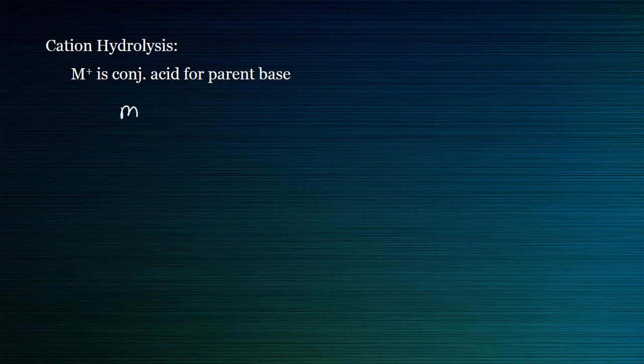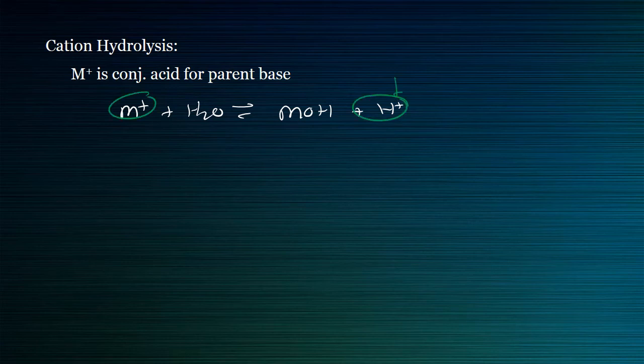And so what this looks like is if you have M+, and that reacts with water, it's going to create MOH, so the original base, plus H+. Oh, look, here's our cation, cation, cation. Because we're releasing H+, that means our pH is going to be below 7.